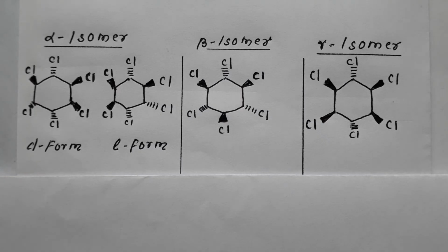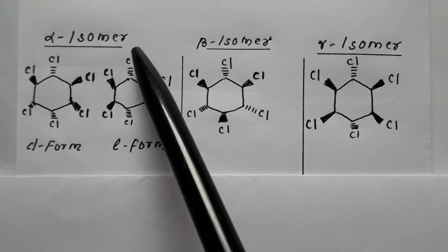Now let us deal with the stereoisomers of BHC. To remember, BHC exists in 8 isomeric forms, of which I am discussing the important ones. The first one is called the alpha isomer.